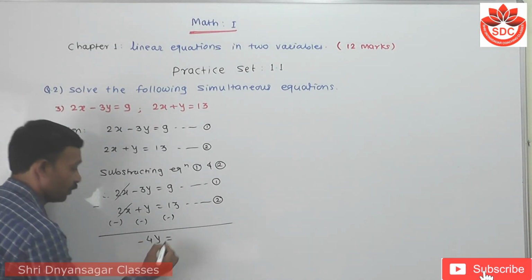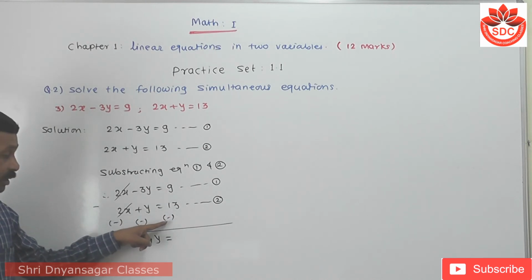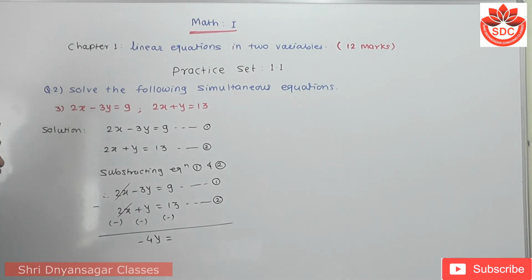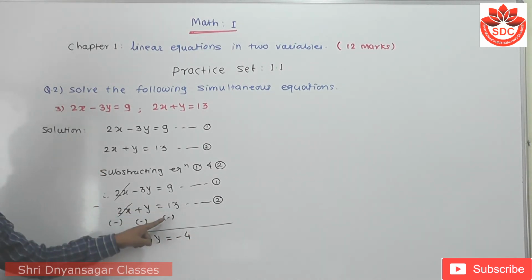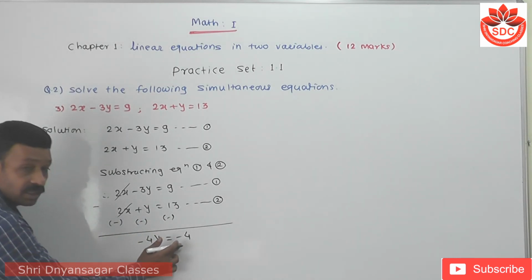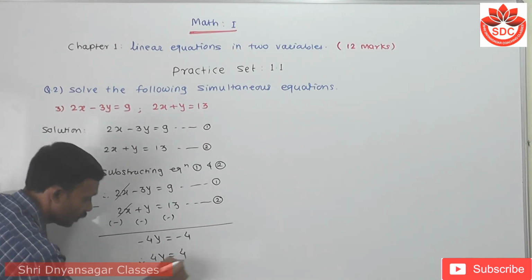Then is equal to, when we subtract this 9 from this 13, because this is minus 13 and this is plus 9, when we subtract it we get minus 4, because the bigger number is 13 which has the sign minus. Then this minus minus converts to plus, so I have to write one step: 4y is equal to 4.